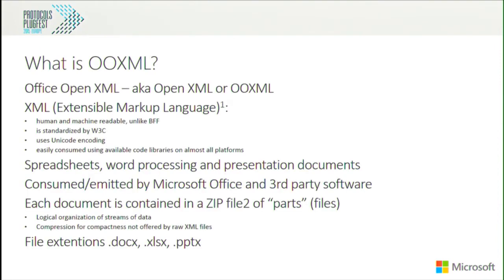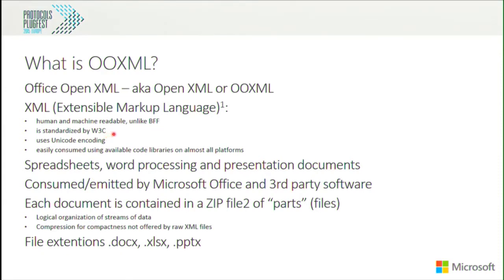Okay, good. So let's take a look at Office OpenXML and see what that's all about. Office OpenXML is based on XML, which gives it some distinct advantages. It's human readable, which is great, unlike the binary file formats, so it's a lot easier to work with. Troubleshooting is a lot easier with Office OpenXML, if you've ever tried to do binary troubleshooting.